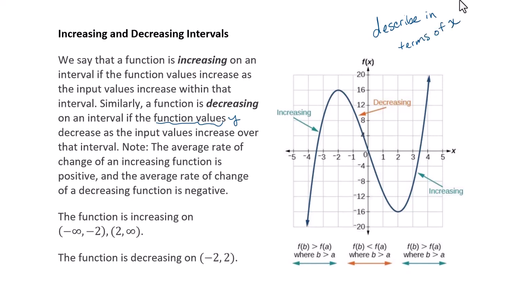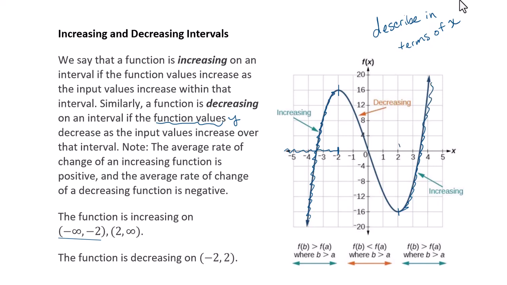So we can see here that we are increasing on this function until we get to here. Okay, so this interval from negative infinity until negative 2 is increasing, and it happens again here. We have been falling, and then all of a sudden we are increasing again.